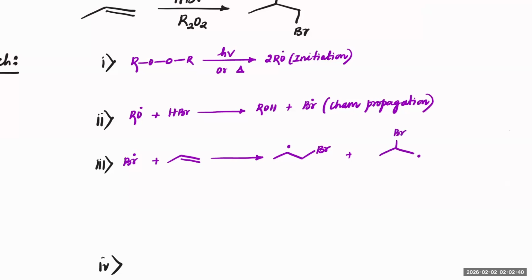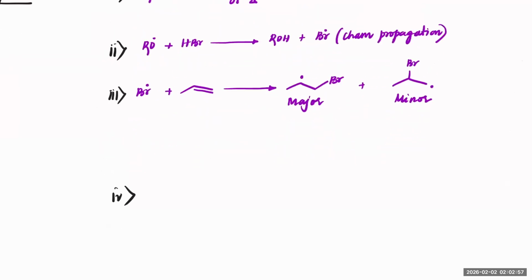These two are the possibilities. And you know that bromine always tries to give the more stable radical. The first one is the more stable radical. Hence, this one is major and this one is minor.